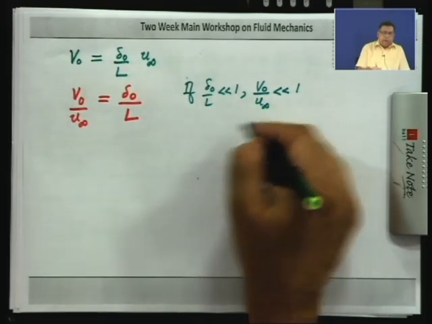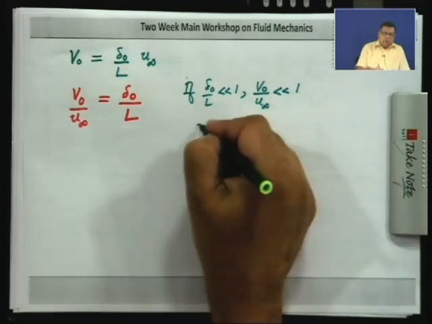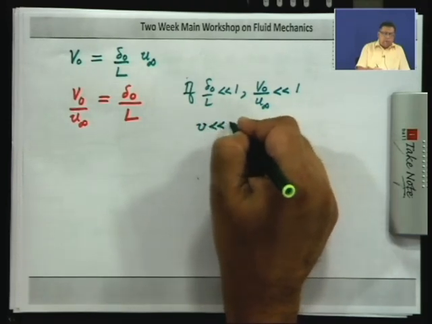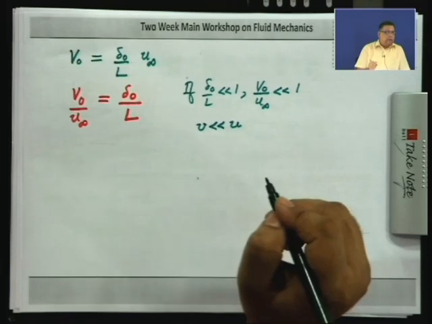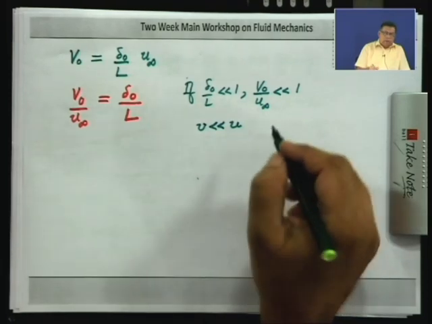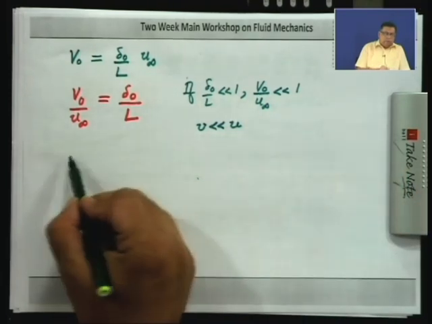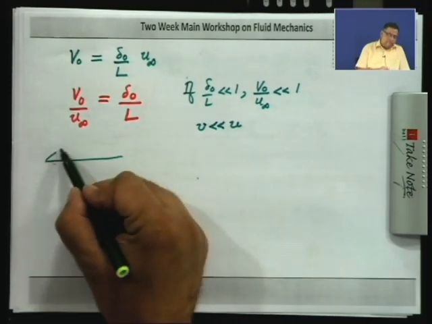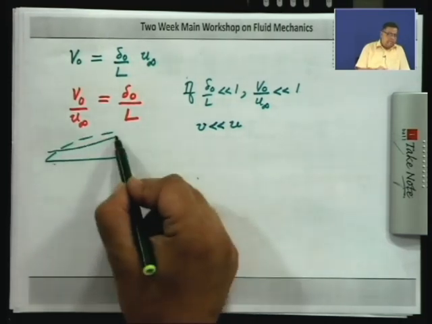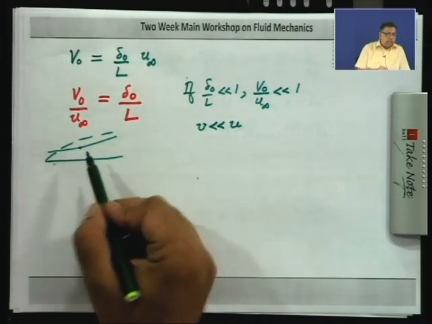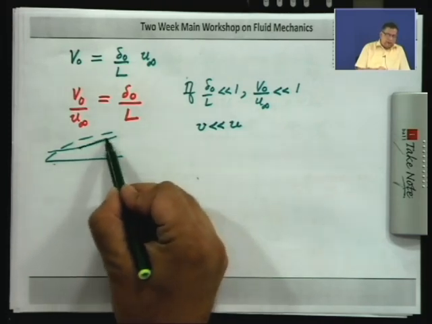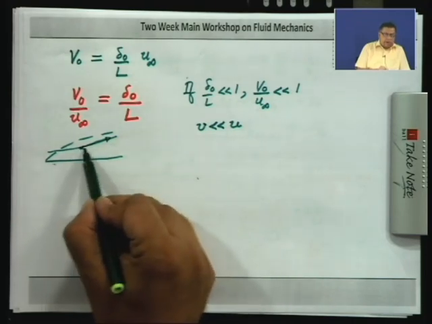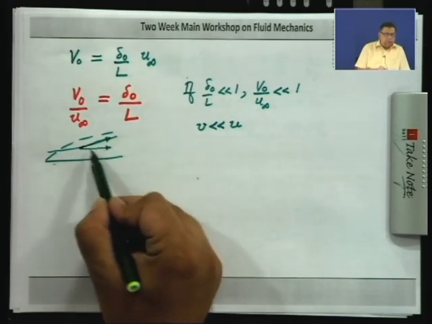So, that means we are saying that the v velocity, although it is non-zero, is much less than the u velocity. So, if we consider a streamline through a point inside the boundary layer, the tangent to this streamline is the velocity vector, which has an x component and a y component.